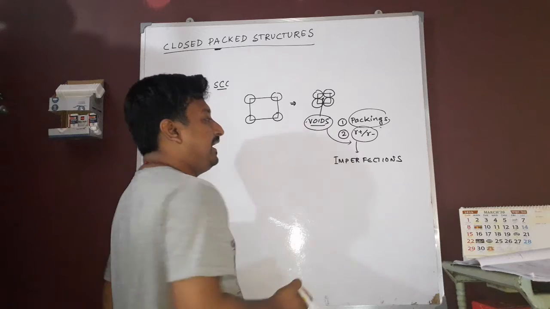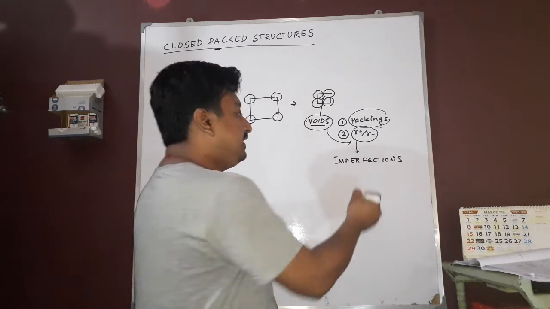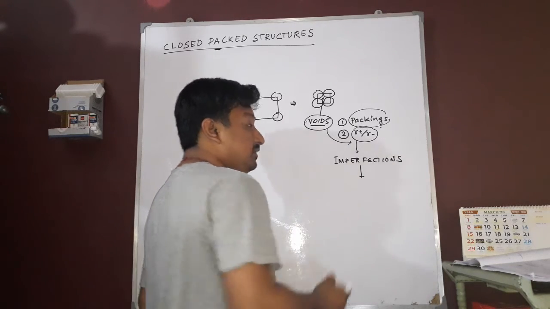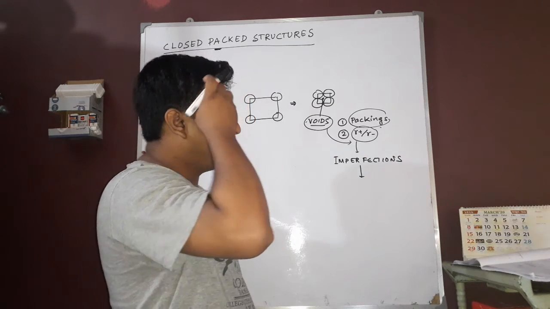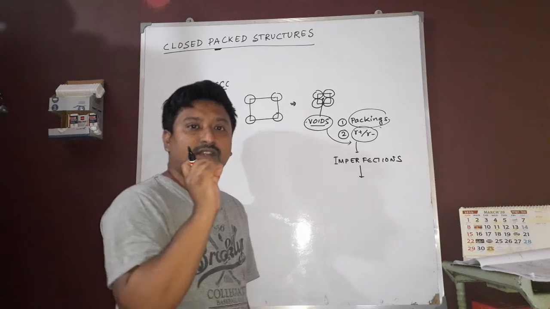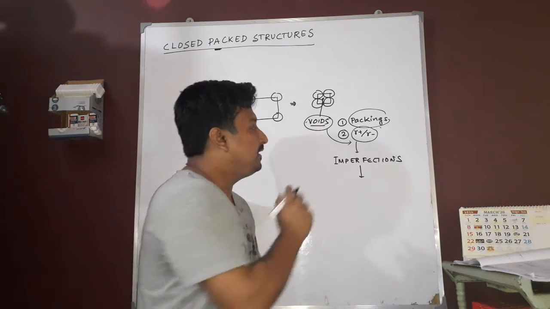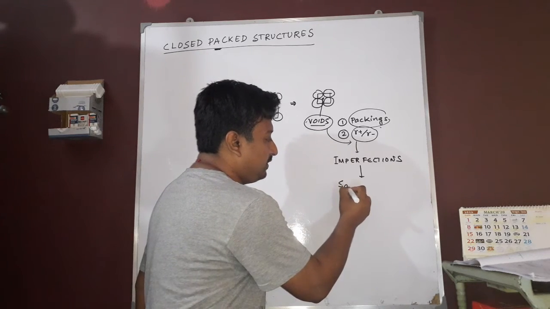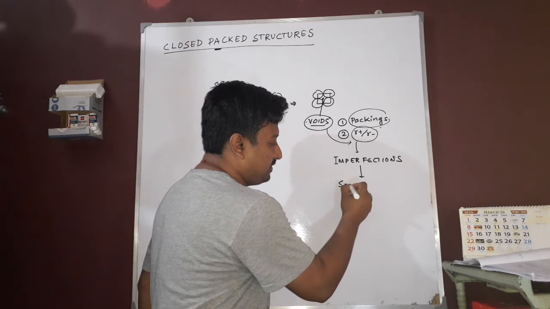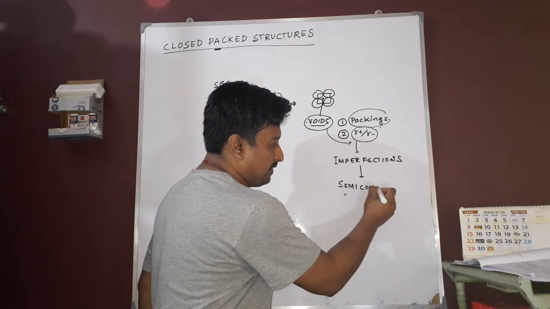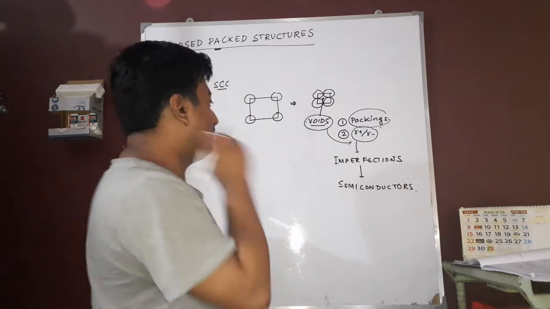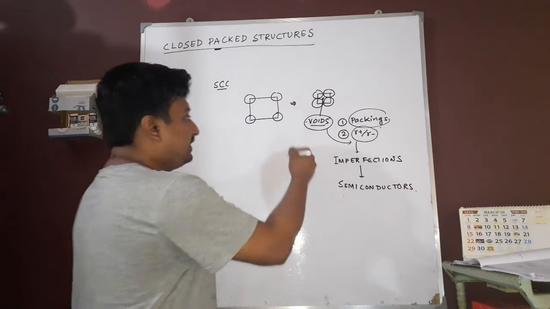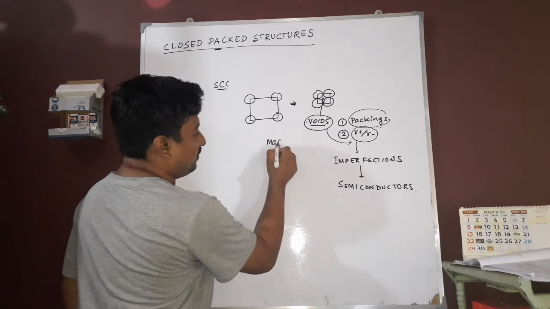These imperfections give us a new direction, a new field, a very important thing in solid state chemistry: semiconductors. The rest of what we will talk about in this lecture is the magnetic properties.